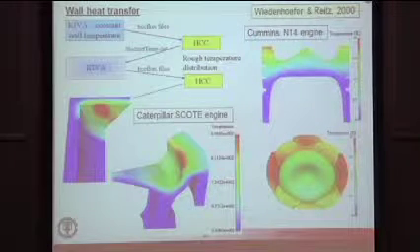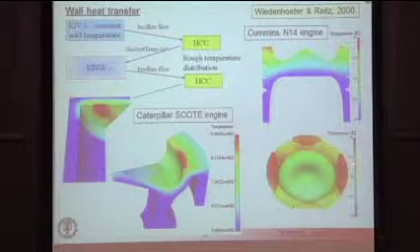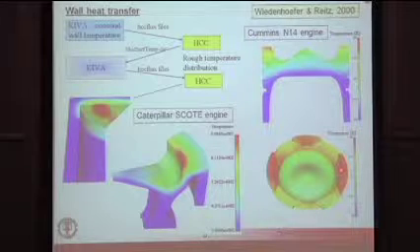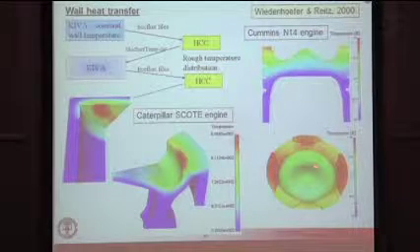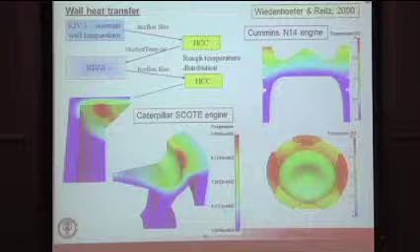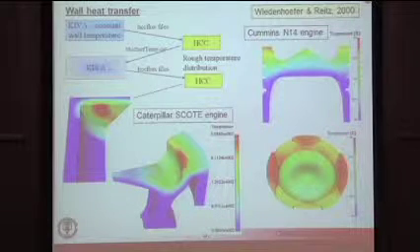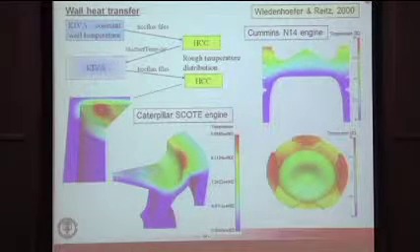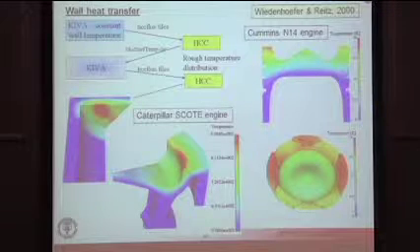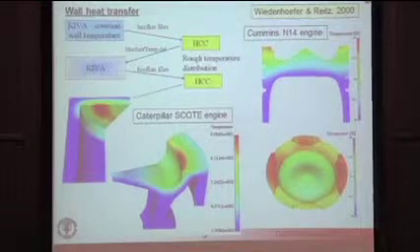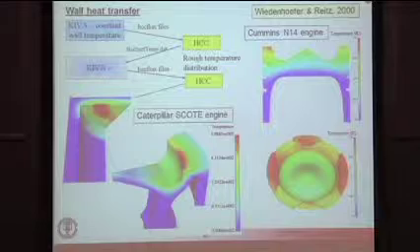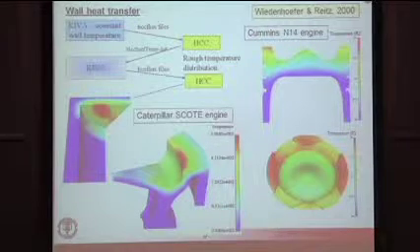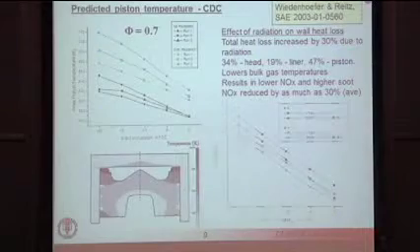Similar results for a Cummins engine. Again, temperature scale is kind of hard to see here, but the red are high temperature regions, blue are low temperature regions. So this is very important, especially when we start looking at HCCI type combustion, where the temperature field is so crucial in the engine.